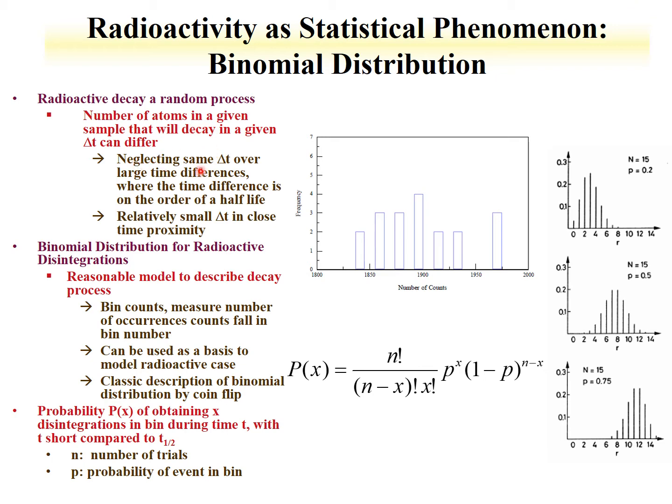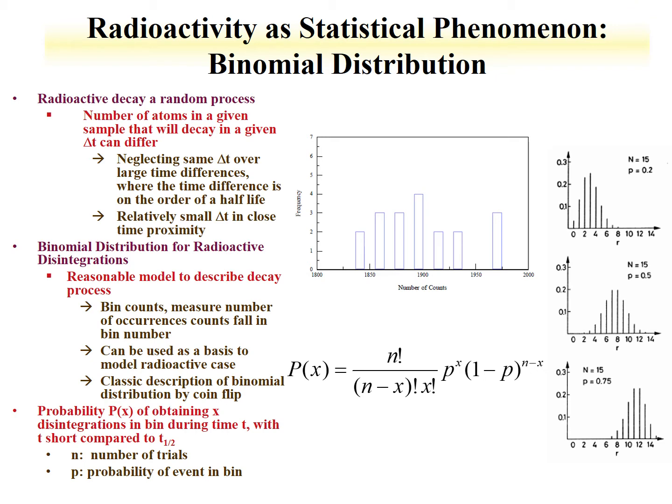If we're taking the same delta t over large time differences, on the order of the half-life, the numbers are going to tend to even out. This is really true for a delta t that's very different from the half-life, so this randomness gets washed out.